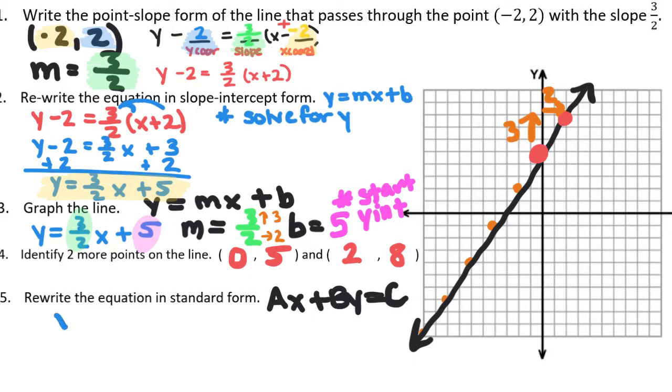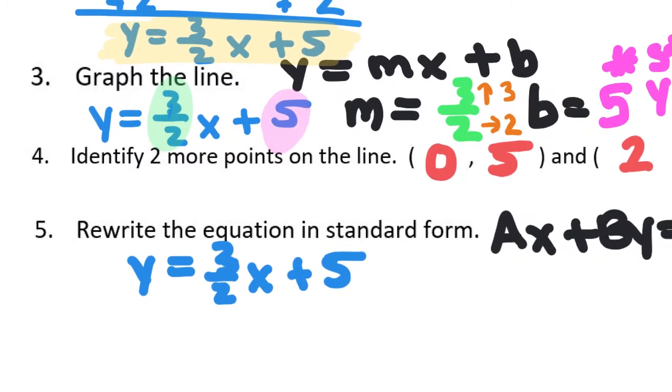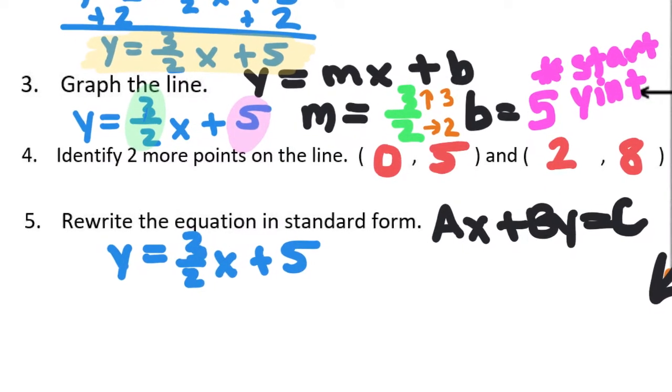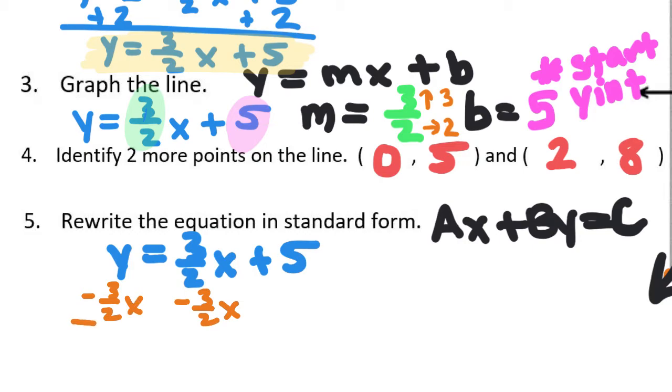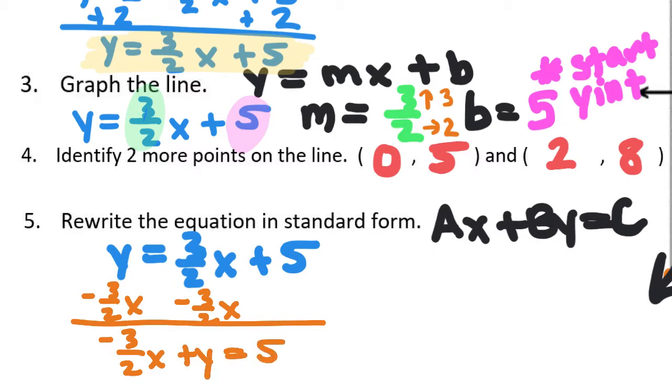So if I copy this, y equals 3/2 x plus 5, we first need to move the x over. So I'm going to subtract 3/2 x from both sides. So you'll have negative 3/2 x plus y equals 5, because this cancels.